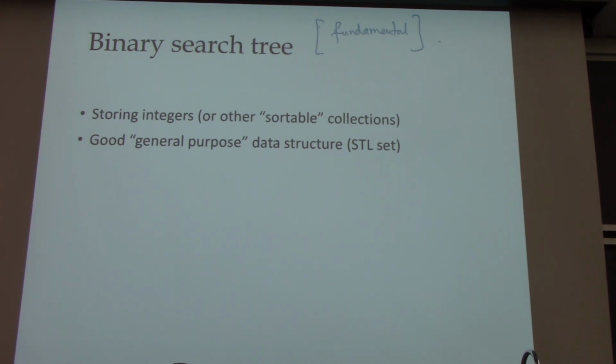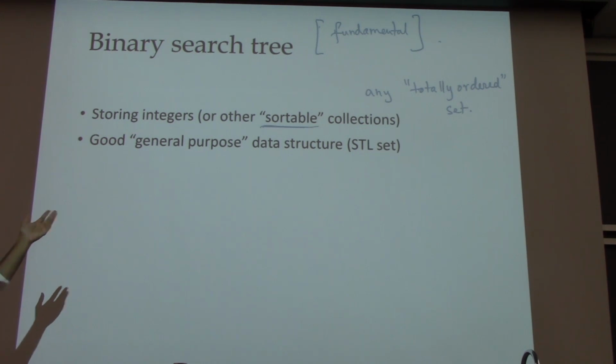Okay, and it doesn't have to be integers, but any set of items where you can actually compare any two items. Okay, so these are like any totally ordered set. So you can store any set of objects where between any two you have a comparison. Okay, any two are either less or bigger.